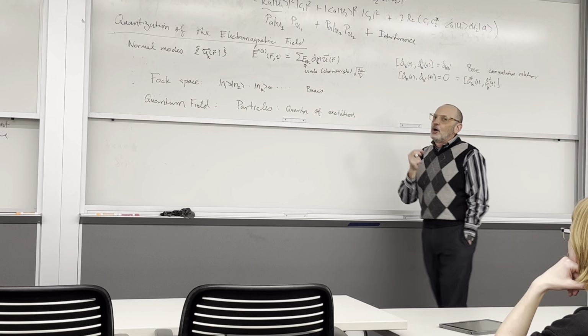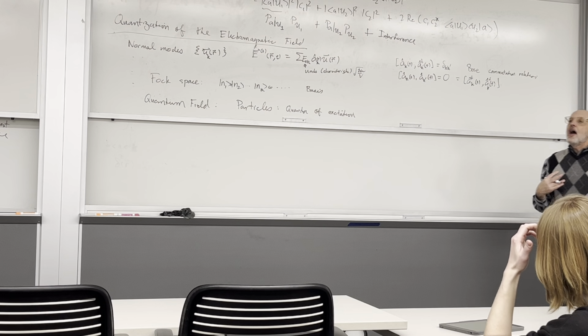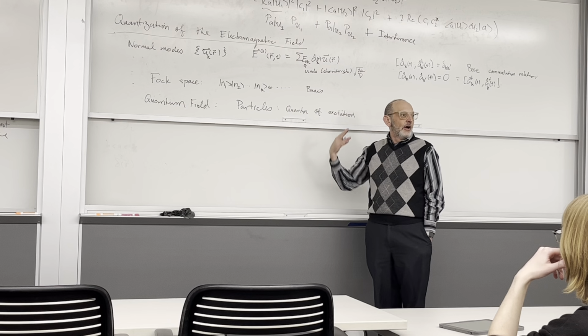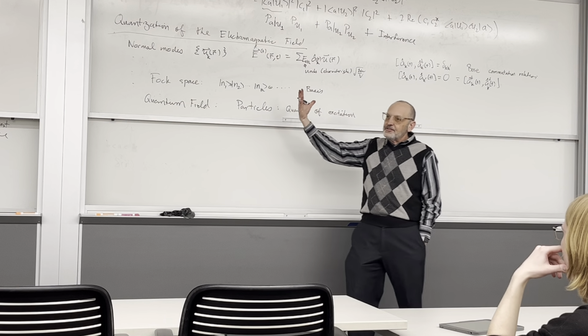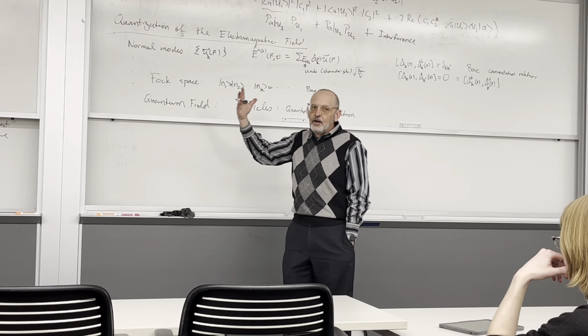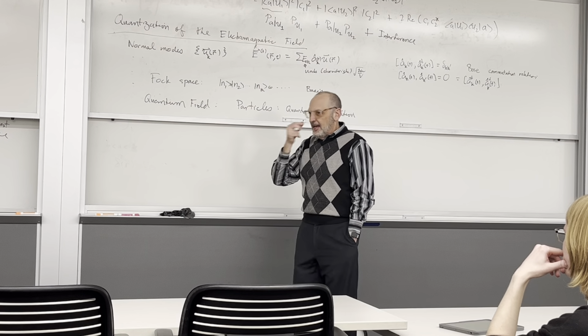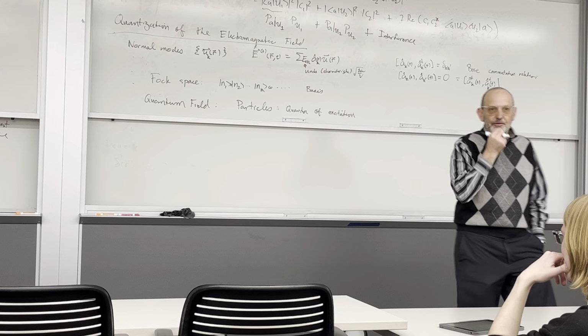Okay, so we can have a state of the field that has a definite number of quanta. Those are the Fock states or the number states. They don't have to be in any one of the modes. They can be in a superposition of those modes.